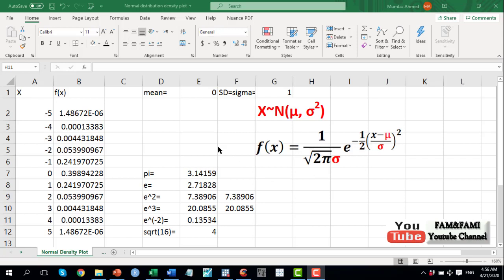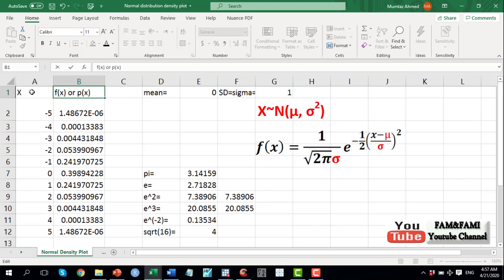So the question is how to plot this density function. First, in the first column I have put the x, and x takes values from minus 5 to plus 5. And then in the next column, this is f of x or p of x.